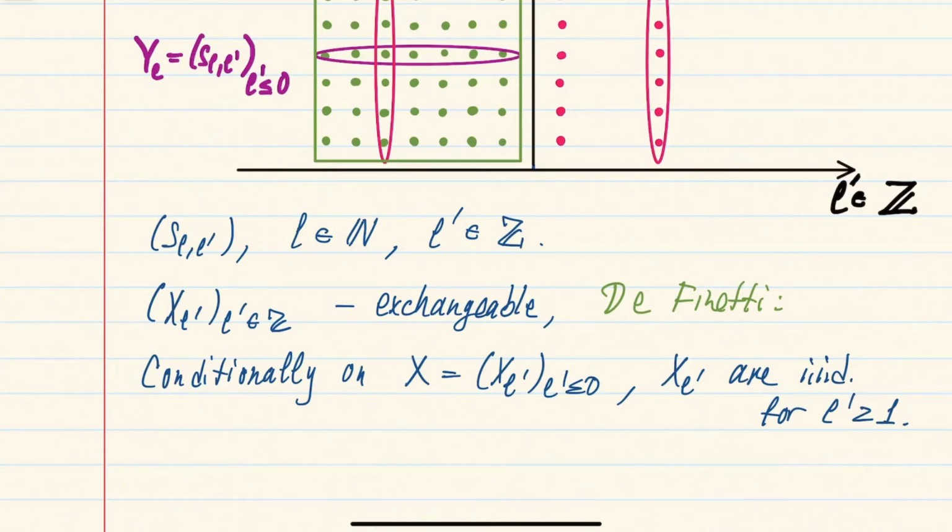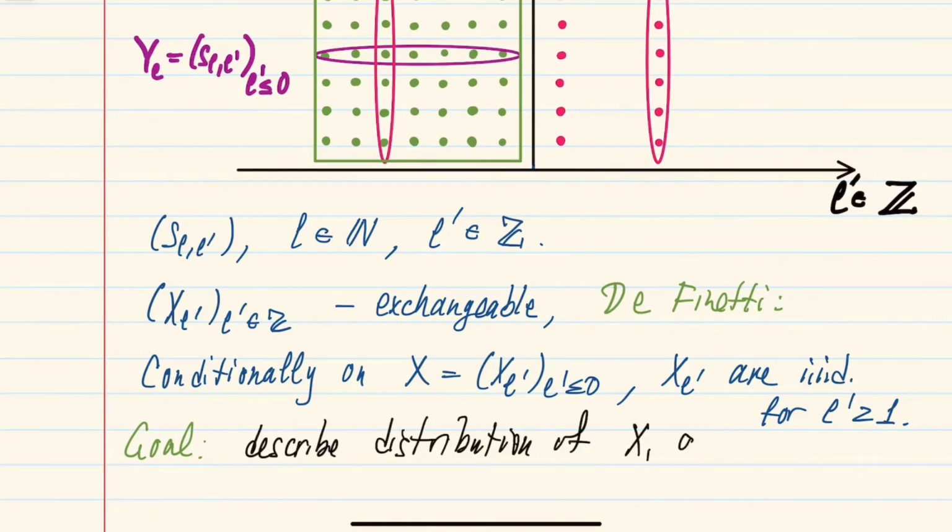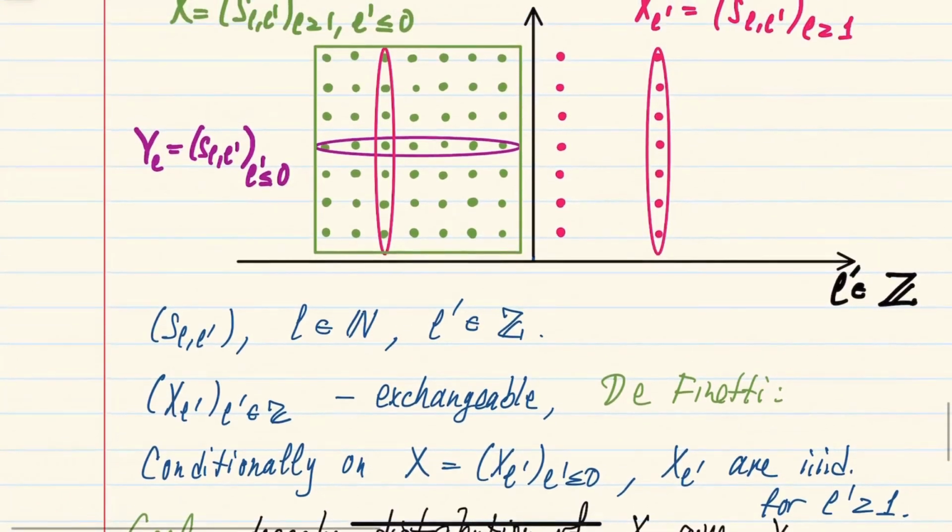And so as a result, our goal will be to describe the distribution of just one of them, X_1 given X, because once we know this conditional distribution, all the rest are IID with this distribution. And so on the right hand side of this array, we now just take a look at the first column X_1.